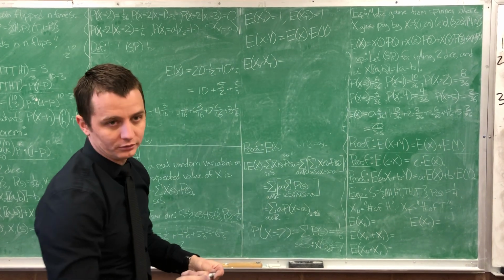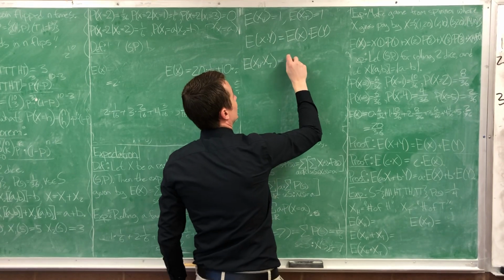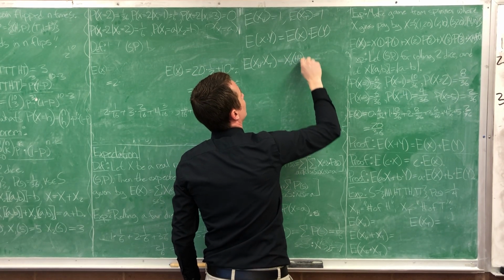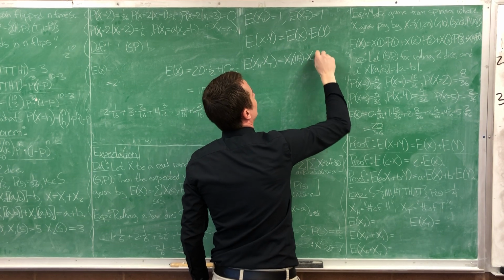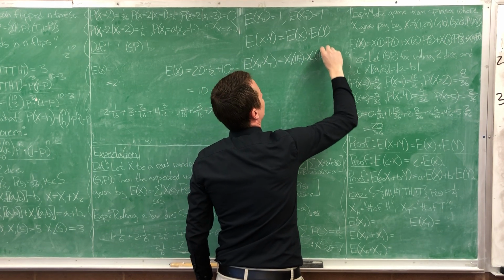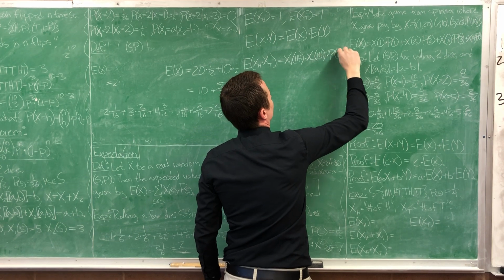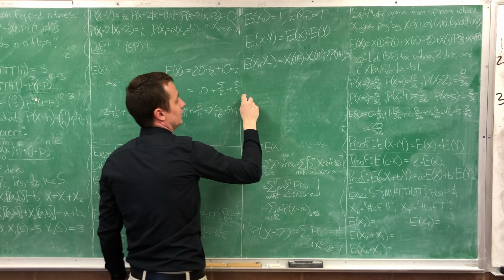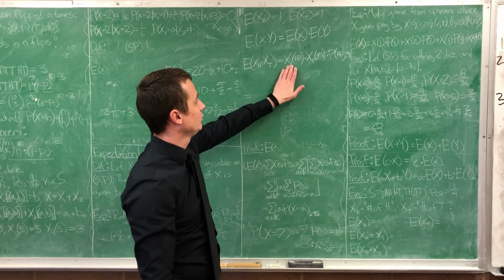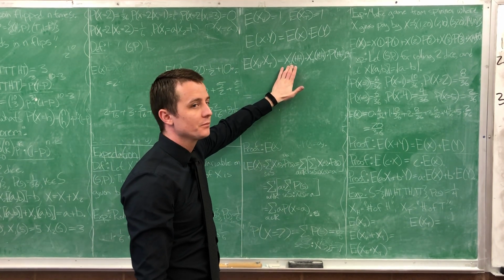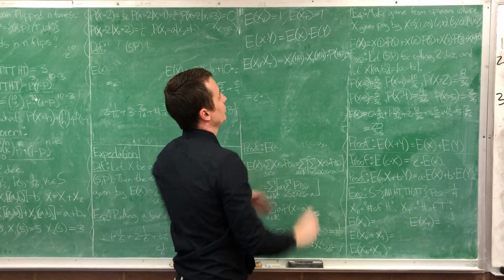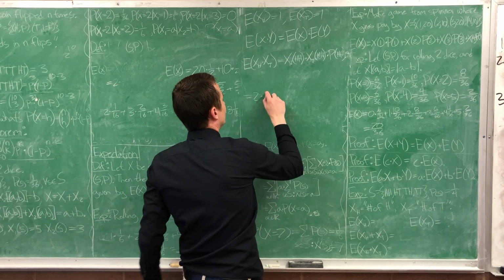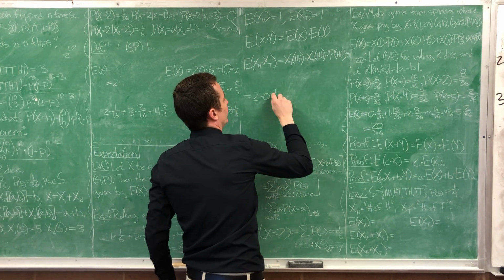So let's figure out what this equals. This is going to be X_H of HH times X_T of HH times the probability of HH, and then we'll continue with that pattern. So X_H of HH is going to be 2, times X_T of HH is going to be 0, times 1/4.